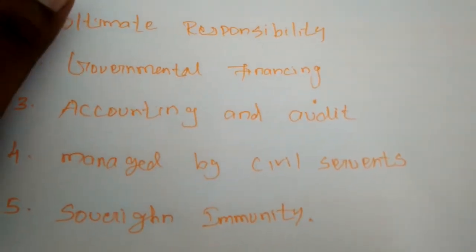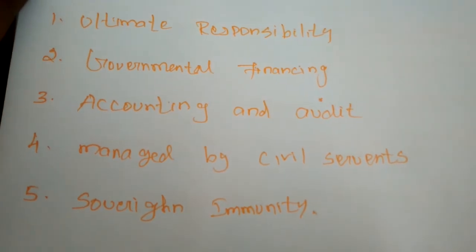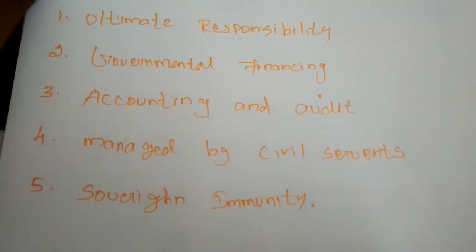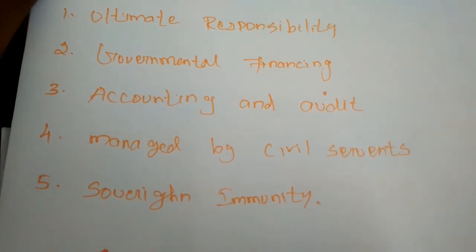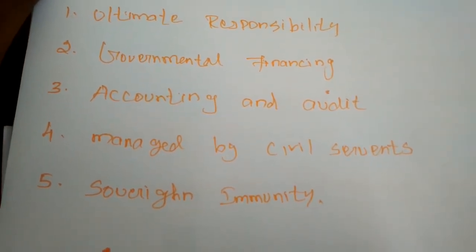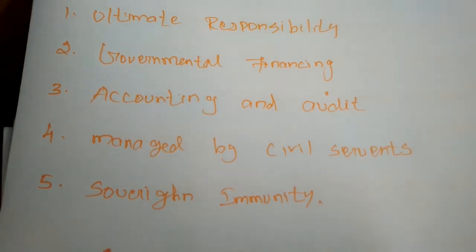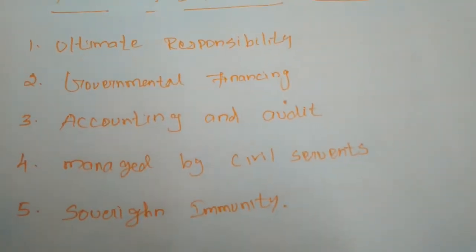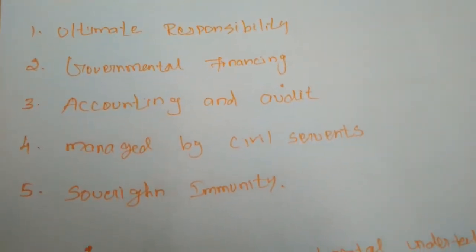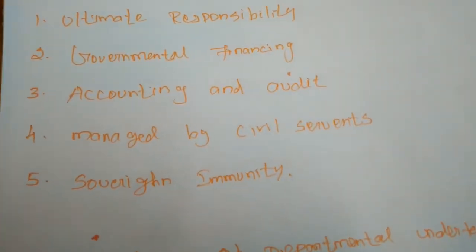Next, governmental financing. The departmental undertaking is financed through annual budget appropriations by the parliament or the state legislators. We have already studied that every year the government prepares the annual budget.